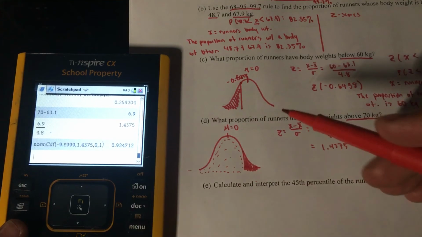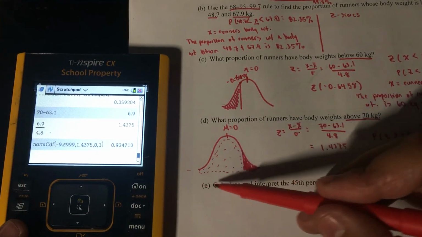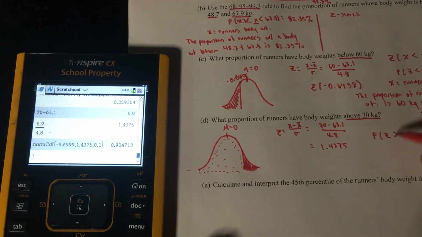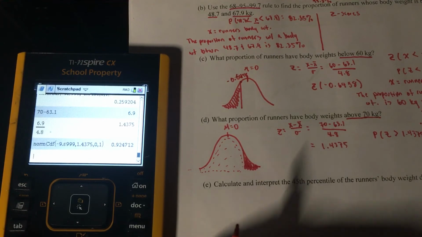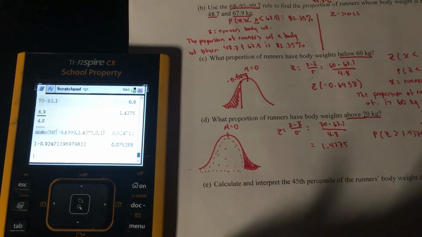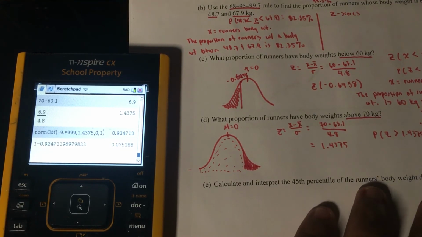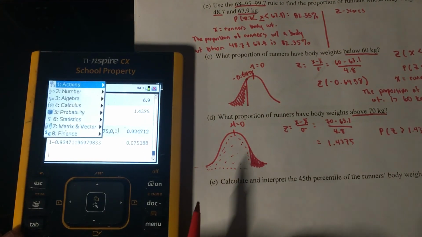What I find here is that I have an area of 0.92, but remember that refers to what I have on this side, 0.92. So if I'm talking about this right here, this shaded area, then I would have done 1 minus 0.9247. So 1 minus that is 0.0753.